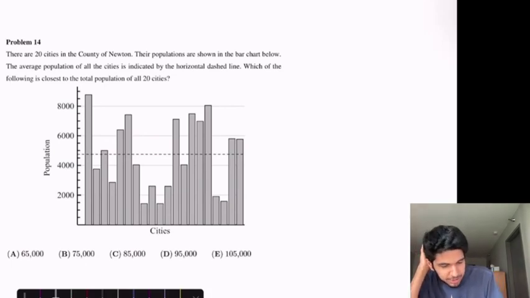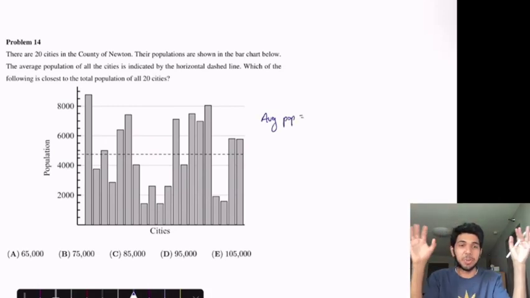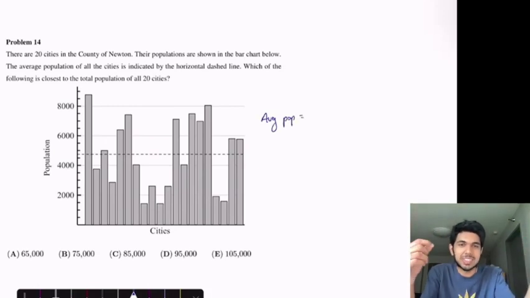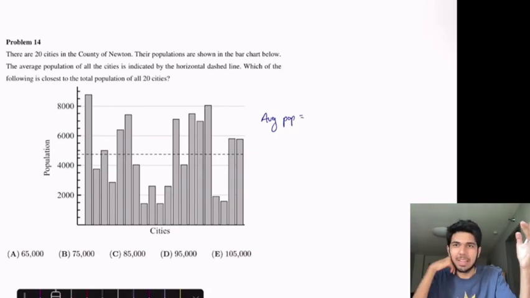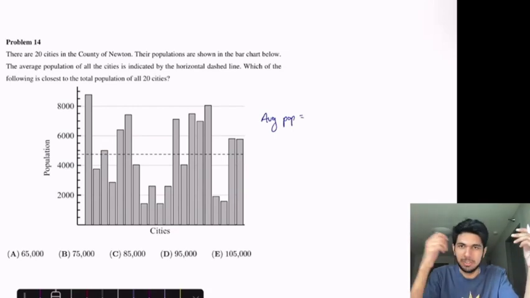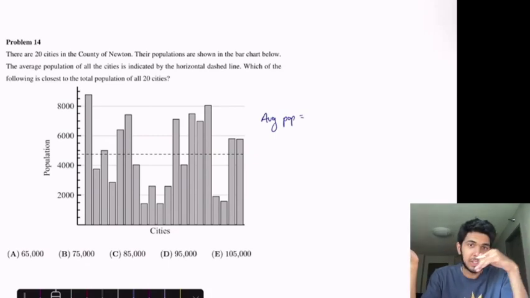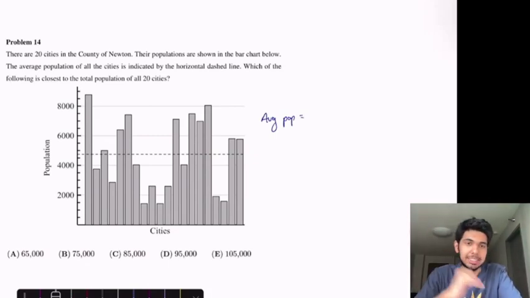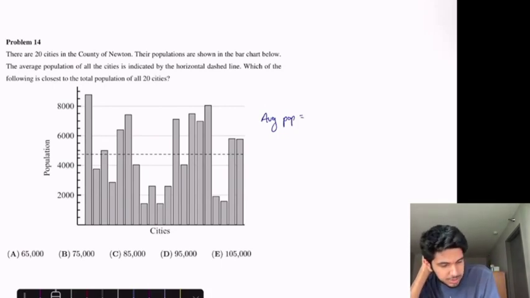So what does average mean? Average population, it's basically the total amount of something divided by the total amount of something else. So in this case, we have cities and population, which is people, right? Measured in people. So those are the two things we'll probably divide. So do we divide population by cities or cities by population? In this case, we're going to do the total population divided by the total amount of cities.